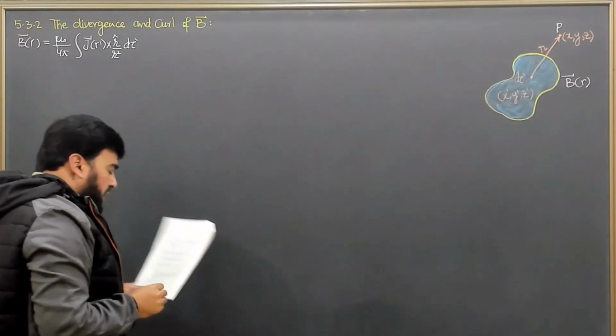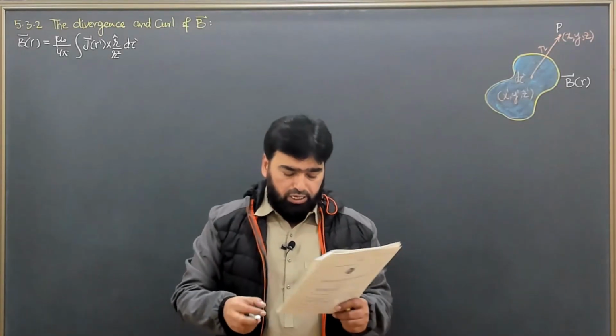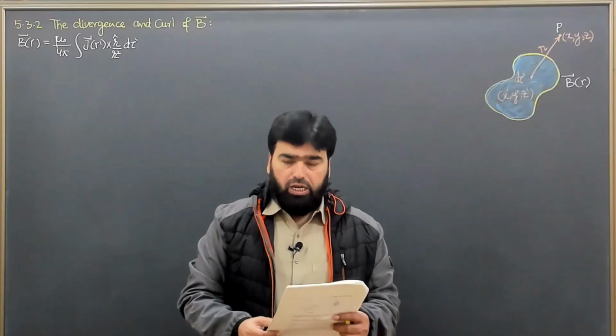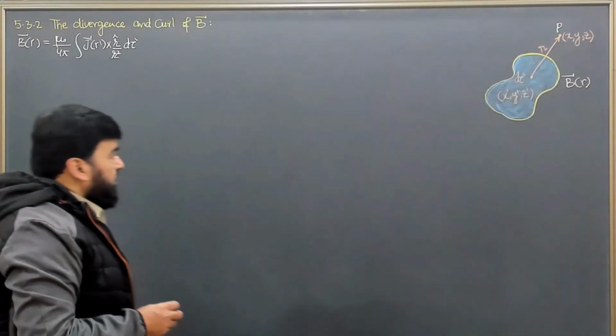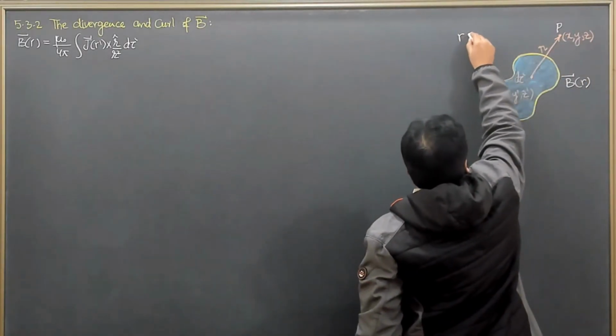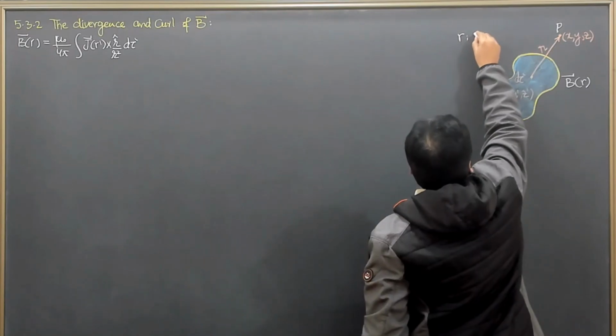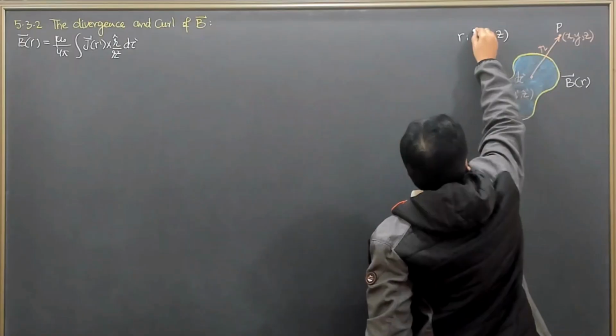So this is the equation of the magnetic field. Now we have to keep a few things in mind: this r here is a function of x, y, and z.